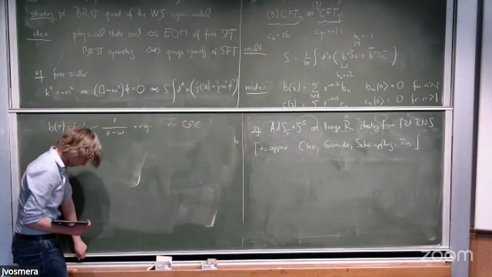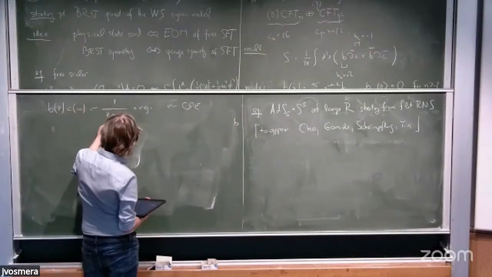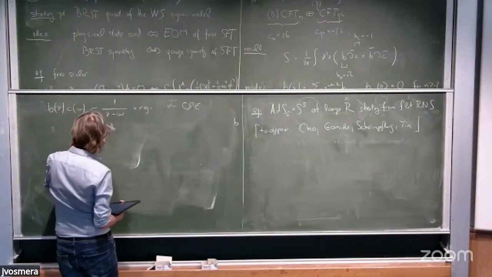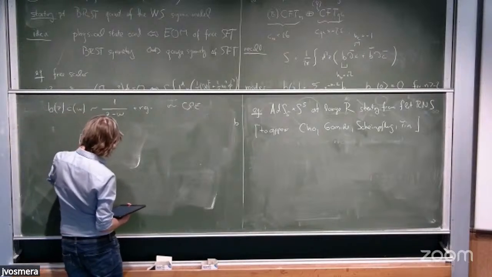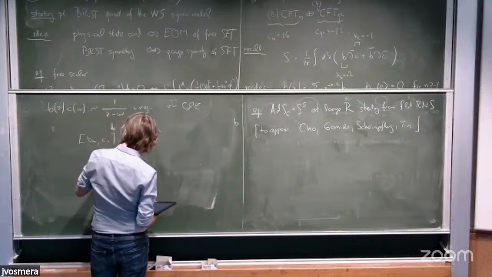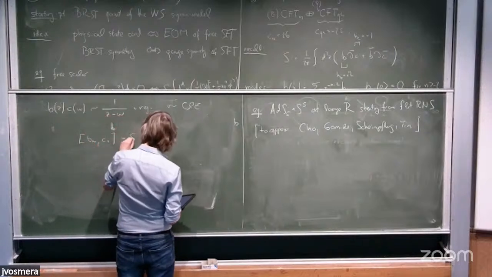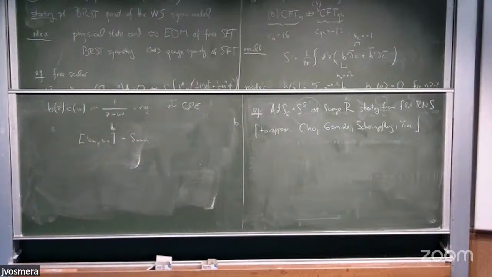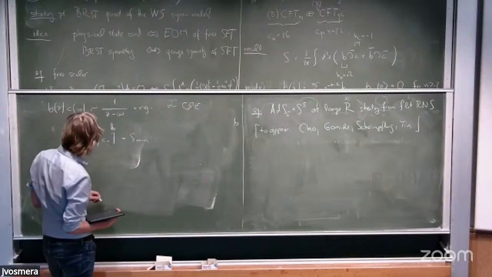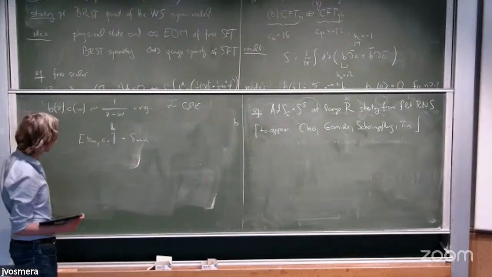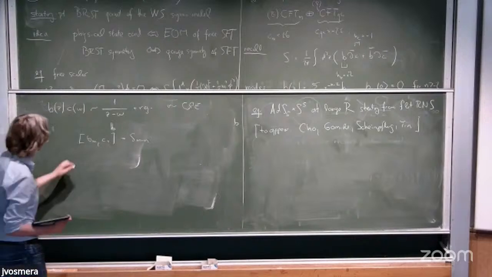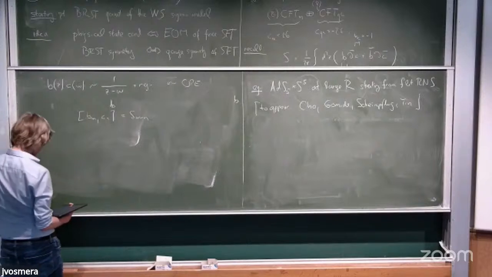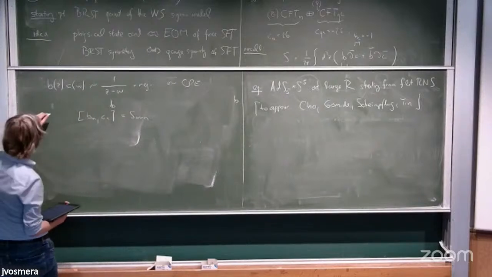From which it follows, and that can be translated into the mode language, that the anti-commutator, which I will be writing as a graded commutator of the B and C modes. So I will never use the curly brackets for anti-commutator. I will always assume that I know what the Grassmannality of the modes is, and I will just write it as a commutator.